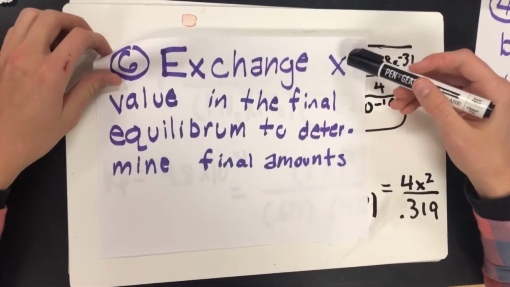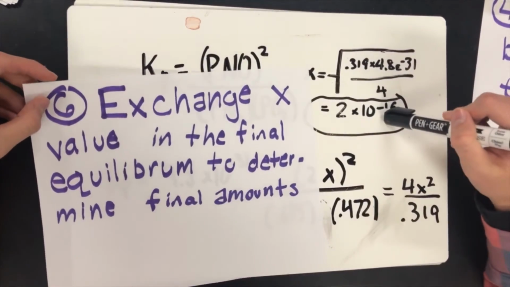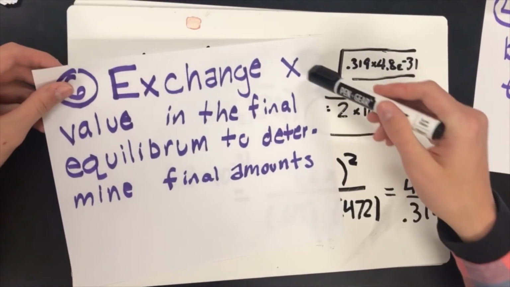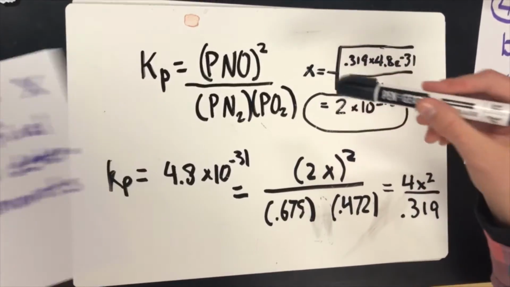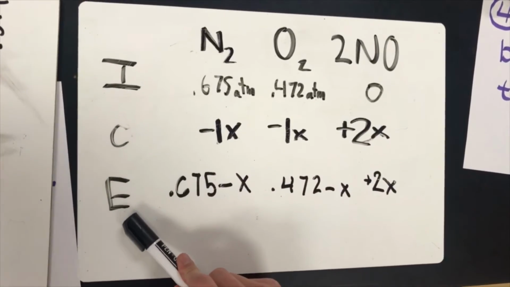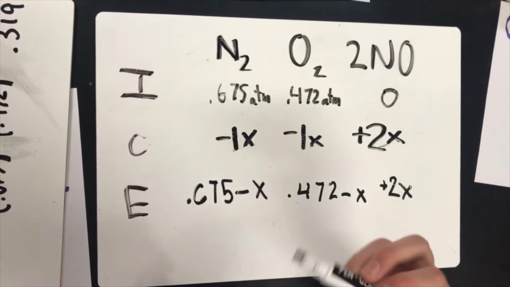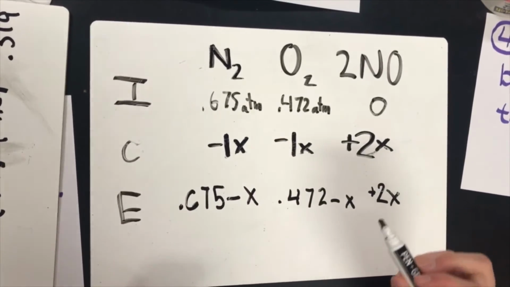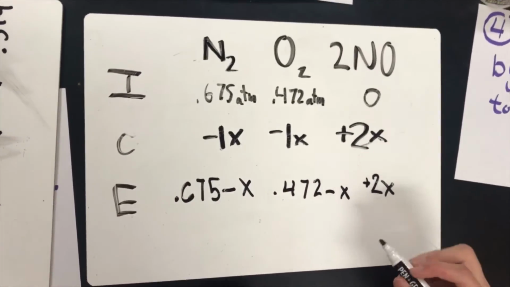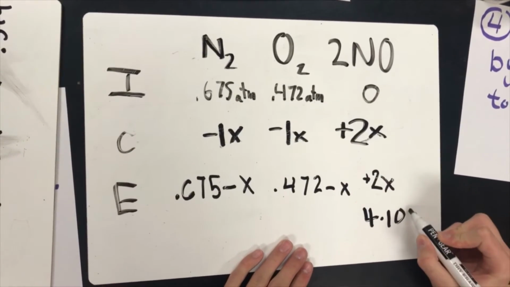Since we know that x is equal to 2 times 10 to the negative 16, we can then exchange that x value into our equilibrium row in our equation. Once you do that and put it in a calculator, the NO is going to be equal to 4 times 10 to the negative 16.